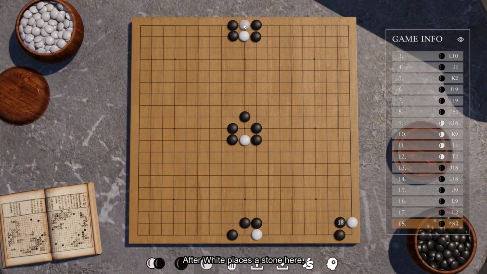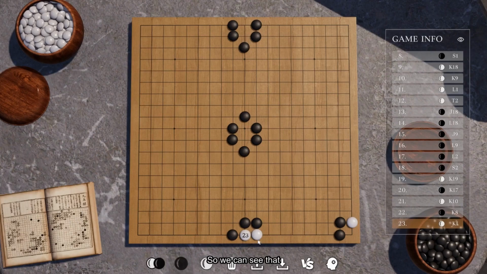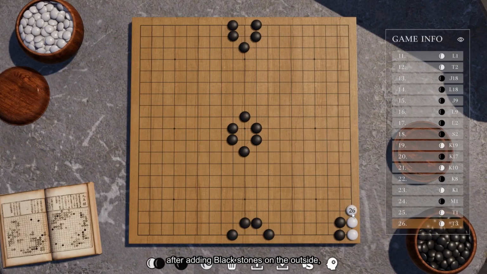After white places a stone here, since there is only one liberty, black can capture immediately. Similarly, if white places a stone here, black can also capture immediately. So we can see that after adding black stones on the outside, these points become tiger's mouth positions again.